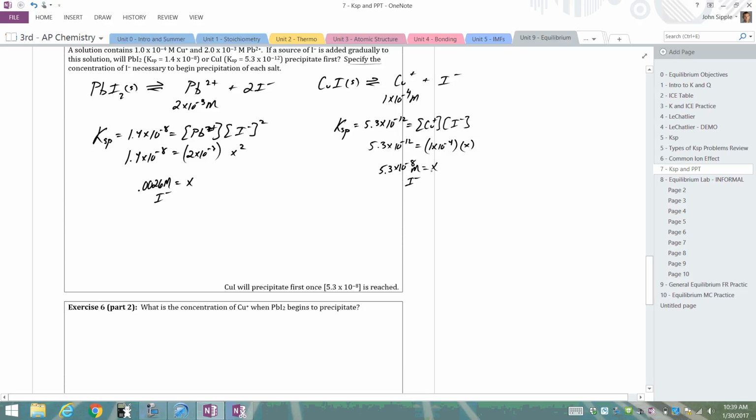When you solve for x, once the concentration hits 0.0026 molar for I minus, the lead will start precipitating out.